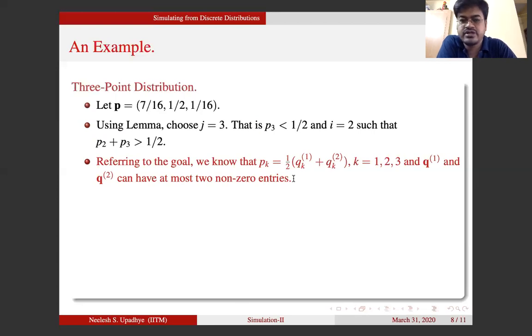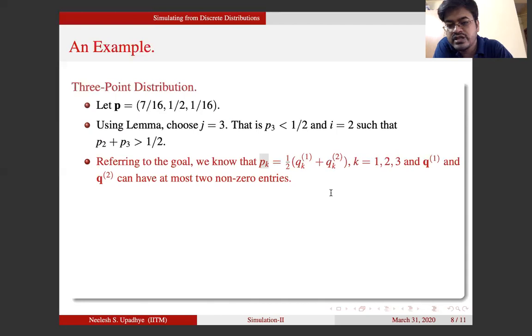This is again an assumption which we are following. So if I assume that, then in this expression of pk, p3 is equal to half times q13 plus q23, and what I am saying here is the entire probability mass, that is p3, should be segregated only at q13.